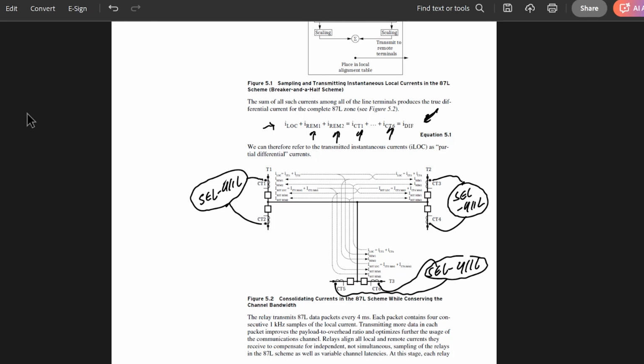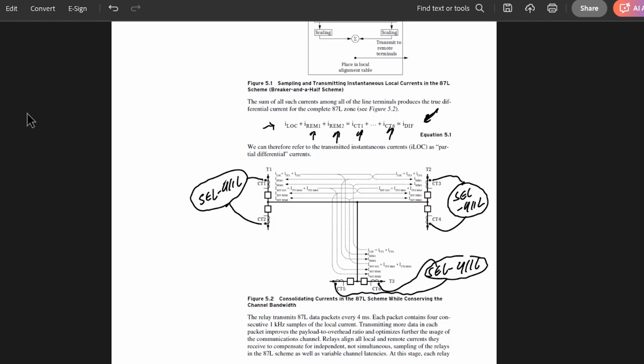And so what each relay is doing is first summing the 2 local CT currents and then sending the combined current to the other 2 relays in the scheme. This is just for efficiency in the communications link, so you only send one value for the current at each terminal. But for the purposes of calculating the differential current, the main point is that it is the summation of all the currents from all the CTs covering the protected zone, which in our case is the transmission line.